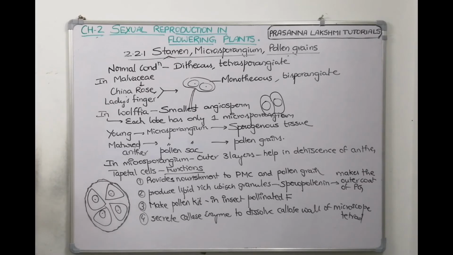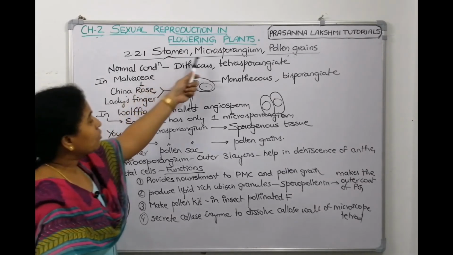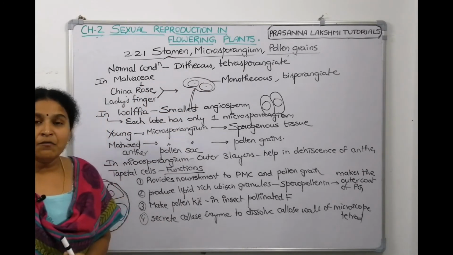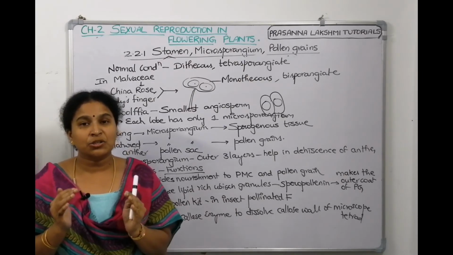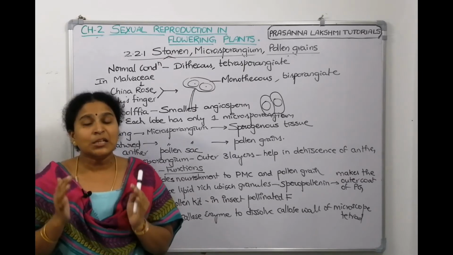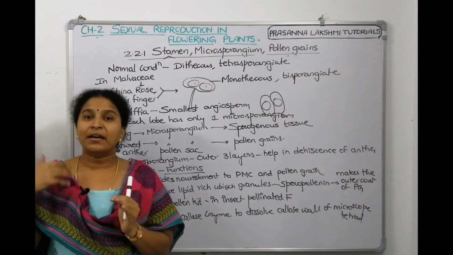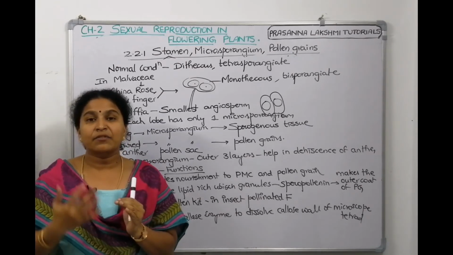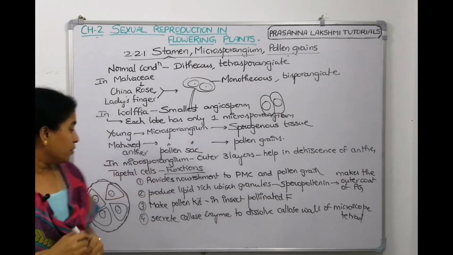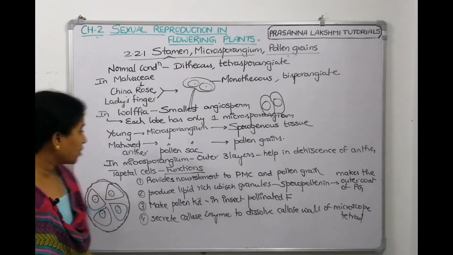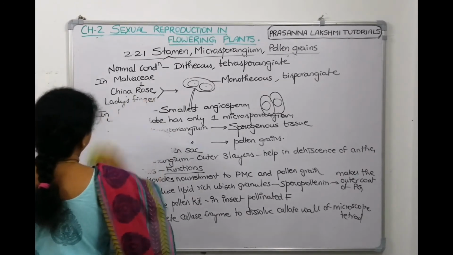Right. So we talked about stamen and microsporangium. Now the microsporangium has sporogenous cells. These sporogenous cells undergo microsporogenesis, which is a meiotic division that produces 4 microspores. We'll talk about microsporogenesis now.